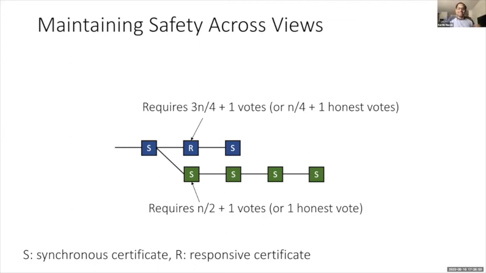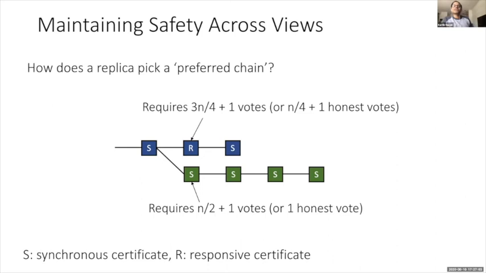And this actually can create multiple conflicting chains. And at that point, how a replica picks a preferred chain is a challenge that we need to consider in our protocol. So this is something that did not exist with prior protocols because they always agreed on a path of whether we are in the slow path or the fast path ahead of time.